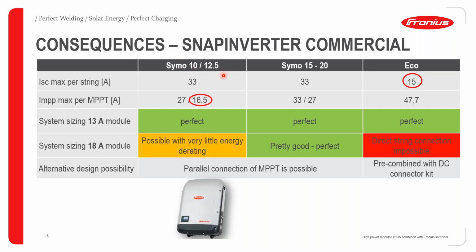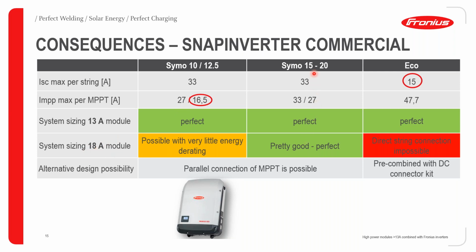For the Symo 10 and 12 kilowatts, you are going to have the possibility to still connect directly to the inverter, but a bit of energy derating is going to be expected, because we can see here for MPPT number 2, the maximum power connectable is 16.5 amps, but MPPT number 1 is still going to be able to handle this size of module quite nicely.